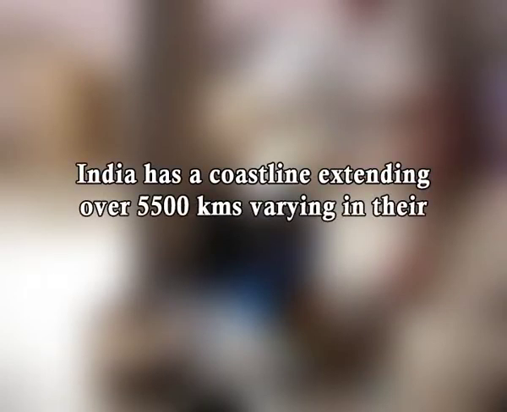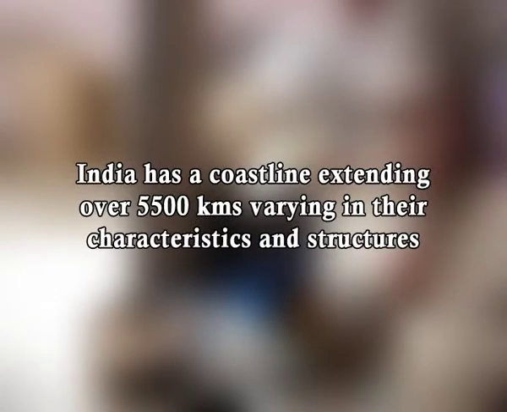Coasts. India has a coastline extending over 5,500 kilometers, varying in their characteristics and structures. The west coast is narrow except around the Gulf of Khambhat and the Gulf of Kutch. In the extreme south, however, it's somewhat wider along the South Sahyadri. The backwaters are the characteristic features of this coast.